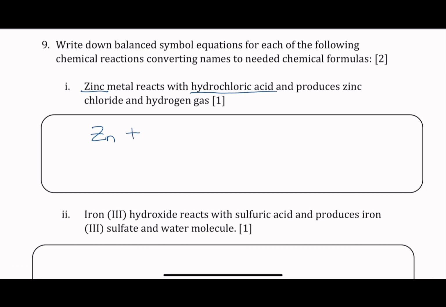We have covered this many times, even in last semester's lab. So hydrochloric acid is this. And then we get the products zinc chloride and hydrogen gas. You know that the hydrogen gas is this one, and zinc chloride is going to be like this.